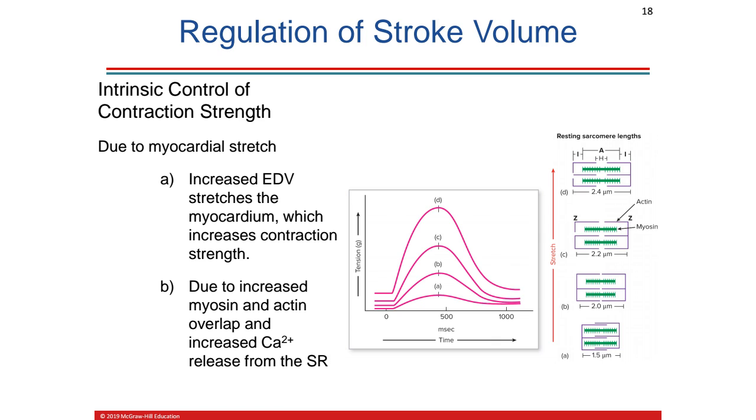They contract with greater strength, and that's shown in this graph here. We have tension on the y-axis, and time, showing you stretch of individual cardiomyocytes. I mean the time course of the twitch due to a single action potential in cardiomyocytes.